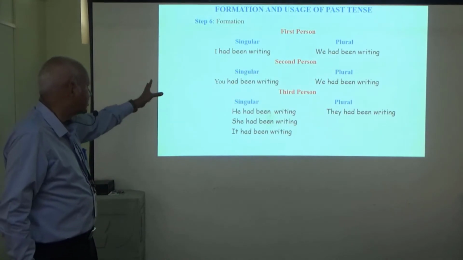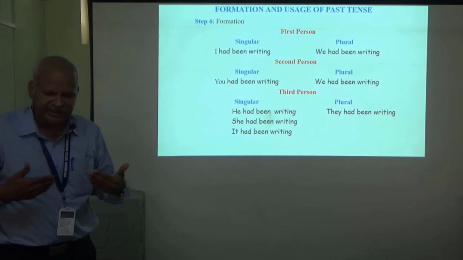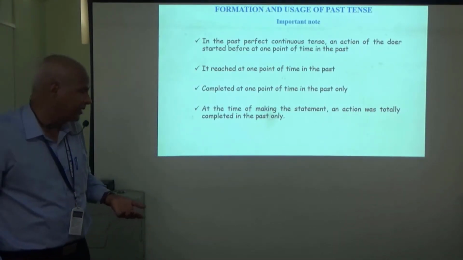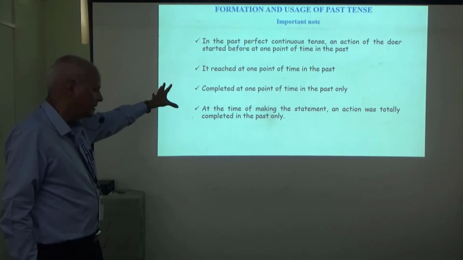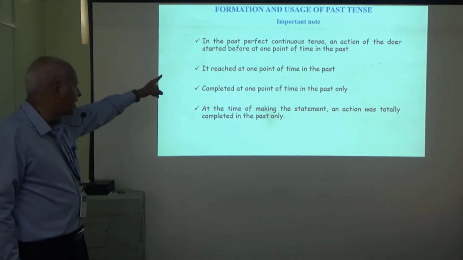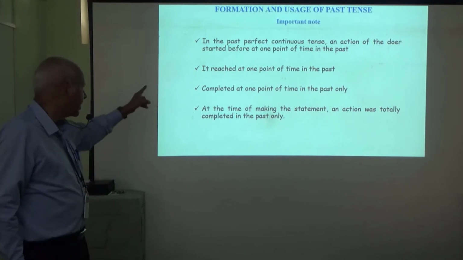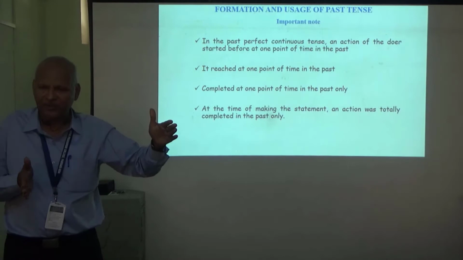So this is one. This is the last form, I had been writing. And what is the message of this? When we have to use this. So here you see formation and usage of past tense, that is the past perfect continuous tense. Here what happens? In the past perfect continuous tense, an action of the doer started at one point of time in the past, long back.